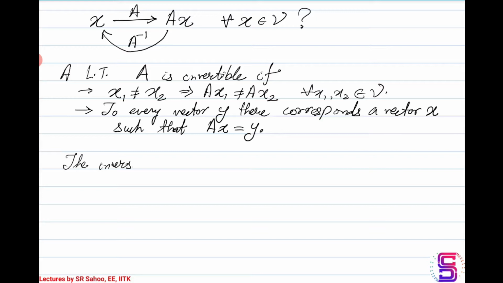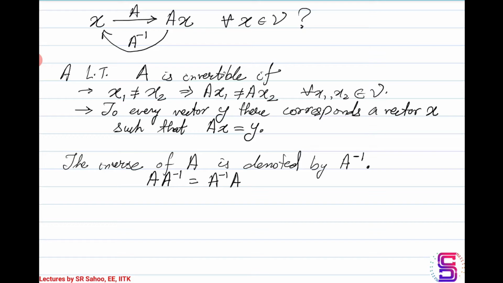The inverse of the linear transformation A is often denoted by A inverse, and the property that it carries is that the product of A with its inverse is the same as the product of the inverse with A, and it always gives you back the identity transform.